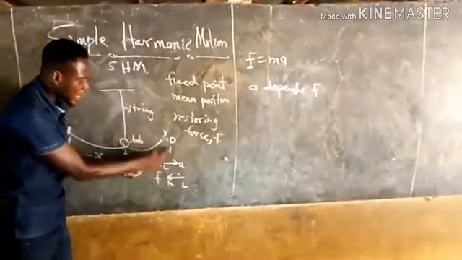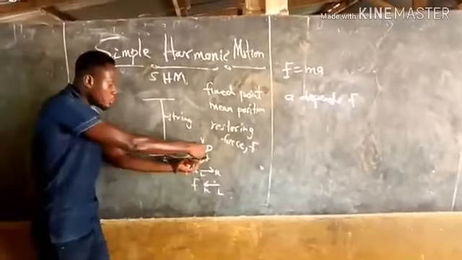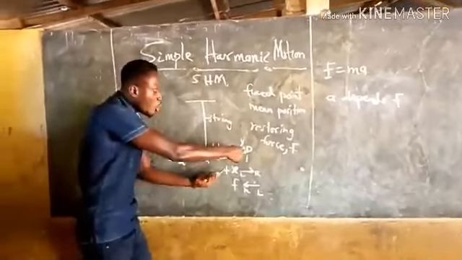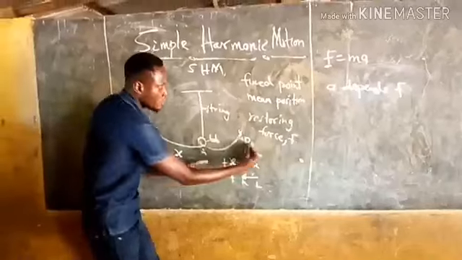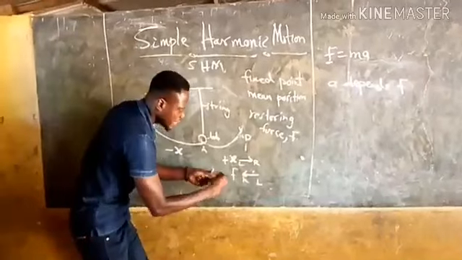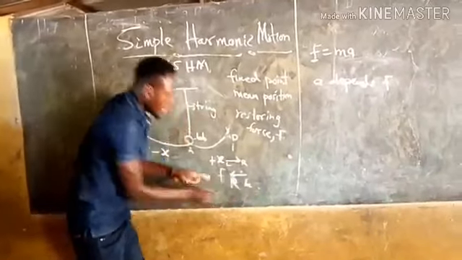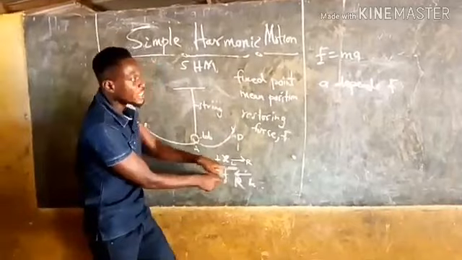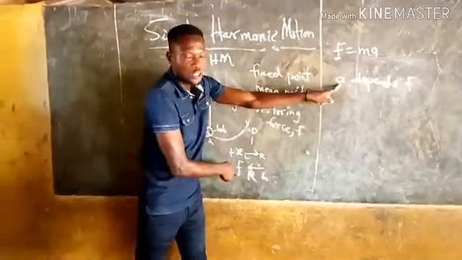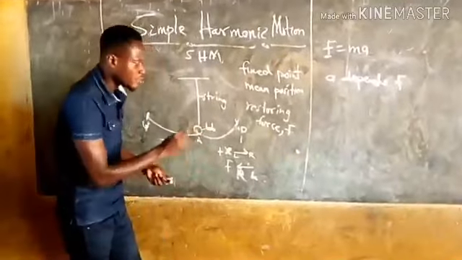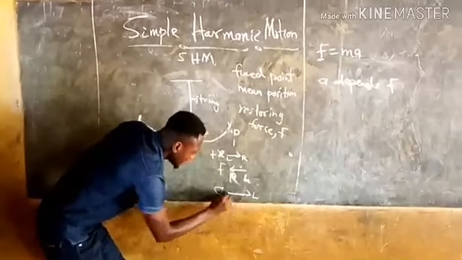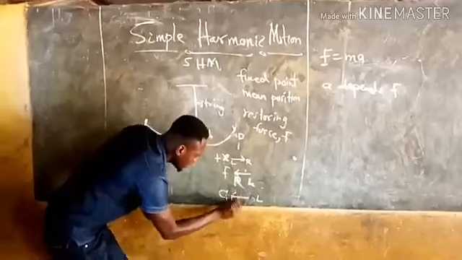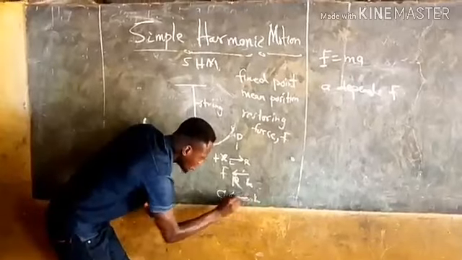Now let's link it to this one. We are saying that the applied force pushes the ball back to the main position, which is in the opposite direction to the displacement. In other words, the force will be acting from right to left, as I've indicated here. And this force will result in acceleration a. So the direction of acceleration is also right to left.